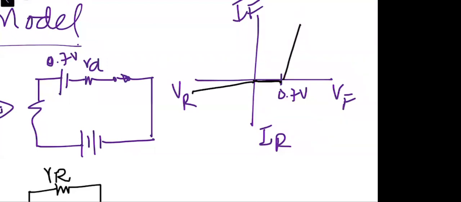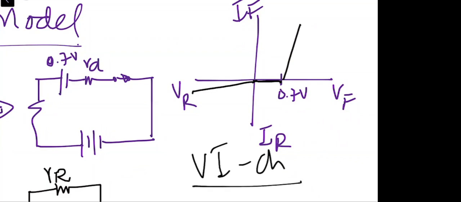Previously the curve was parallel to the horizontal axis, but now there is some slope in the curve, and that slope is due to the very high reverse resistance. So this is the VI characteristic curve for the piecewise linear model. Are you with me?